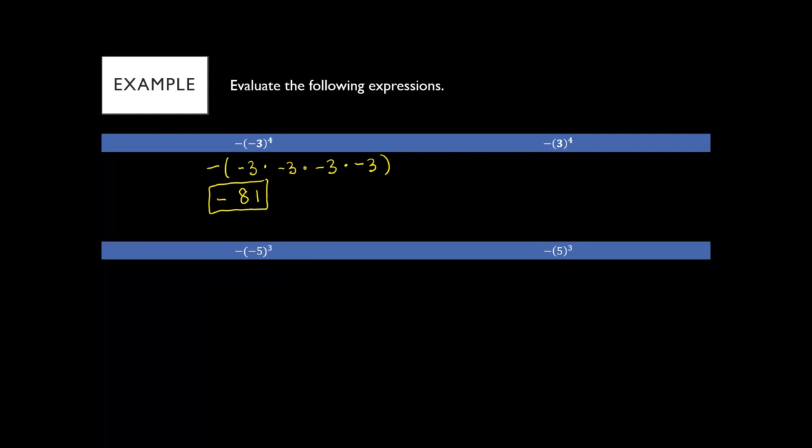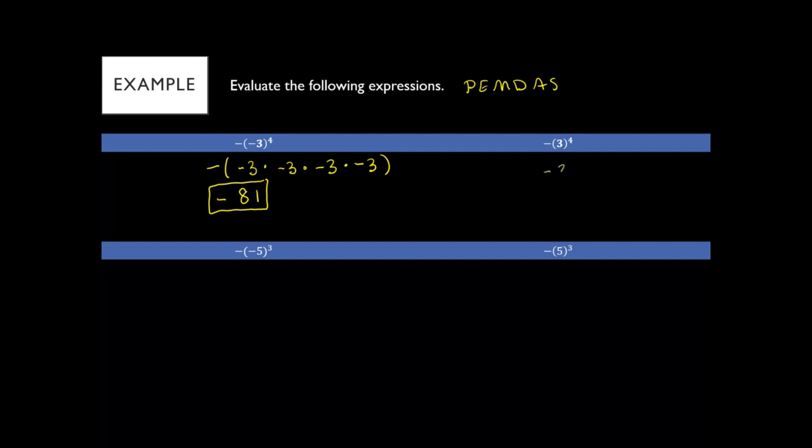So you need to remember the order of operations, PEMDAS, where you have to take care of the exponent before you multiply. So we have to do the exponent, (-3) to the 4th, before you multiply by the negative in front. If you do that out of order, your answer is going to be incorrect. On the right here, we have a -3 to the 4th.